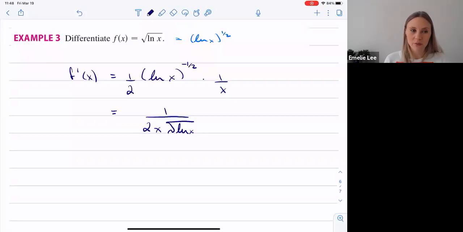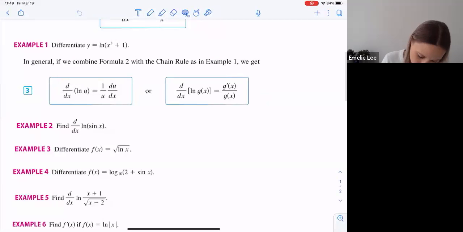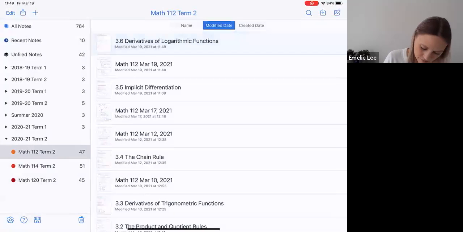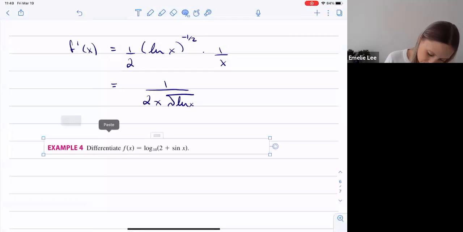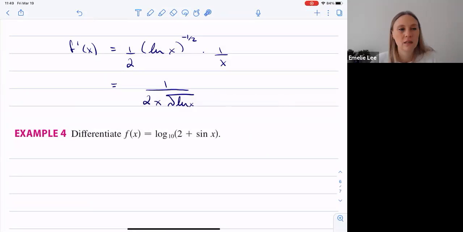How about another one? Example 4. Now we need to make sure, because we have log base 10, so f of x is log base 10 of 2 plus sine x. So now we need to go back to something that's not ln, right?